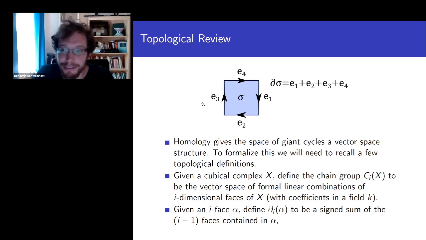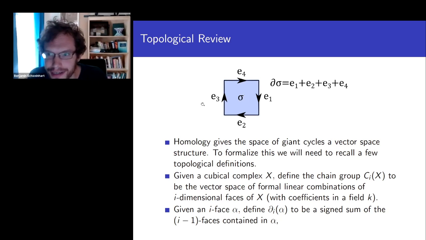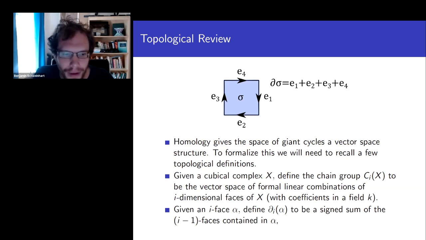What's cool, and what allows us to define homology groups, is that we can define a very natural and geometric linear transformation between the chain group of dimension i and the chain group of dimension i minus 1. The way we do that is by defining the boundary map.